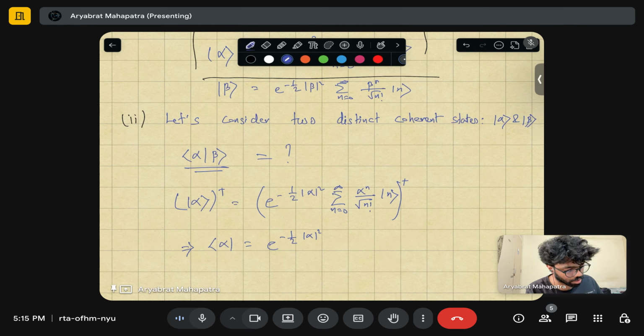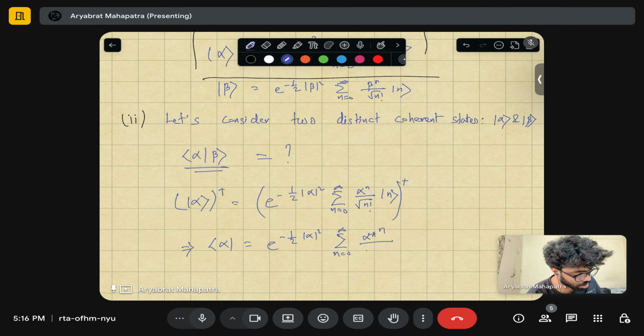Alpha is a complex number, but its magnitude squared is real, so its dagger is the same thing. Then you have the summation n from 0 to infinity, alpha to the power n dagger. Since alpha is a complex number, its dagger is its conjugate, so alpha-star to the power n.